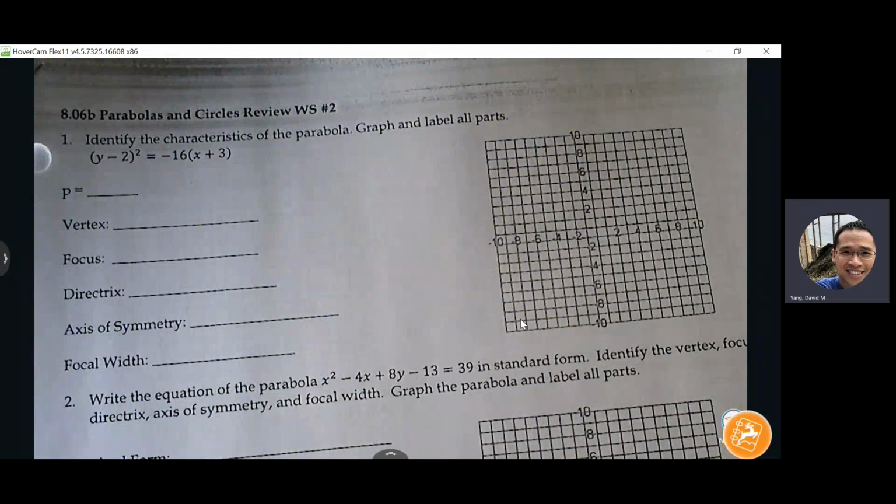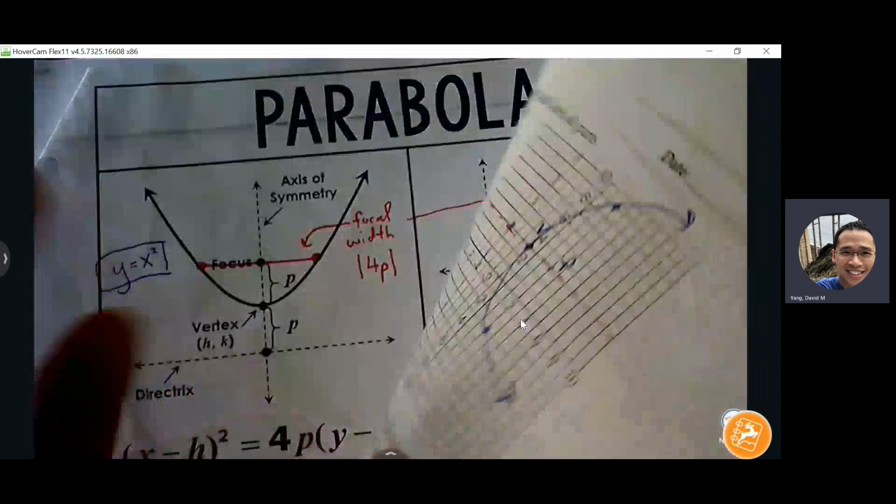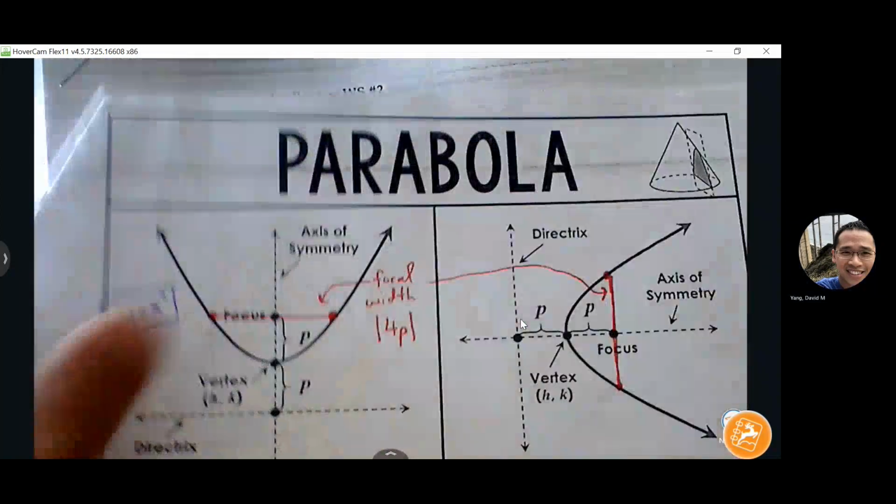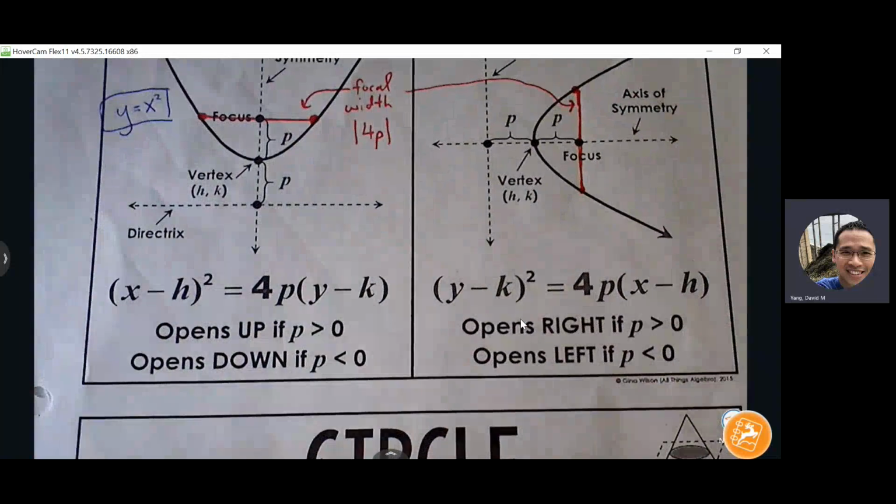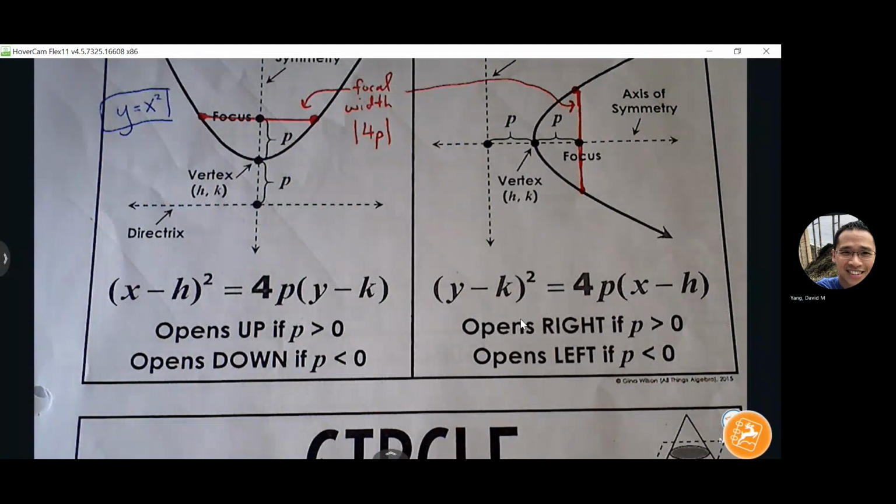First page is parabola. Start committing the formulas to memory. Parabola can take on 2 different formulas: either x minus h squared or y minus k squared.